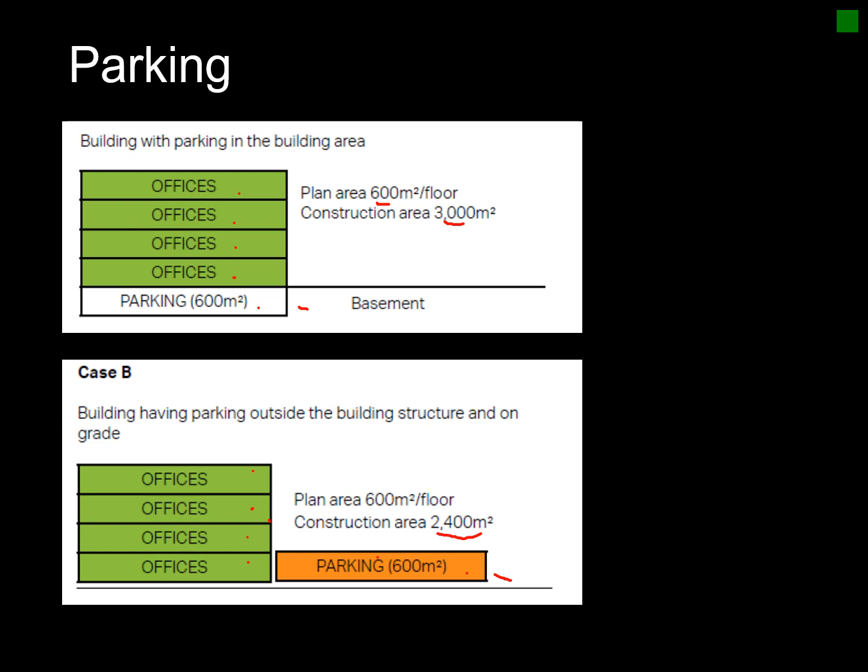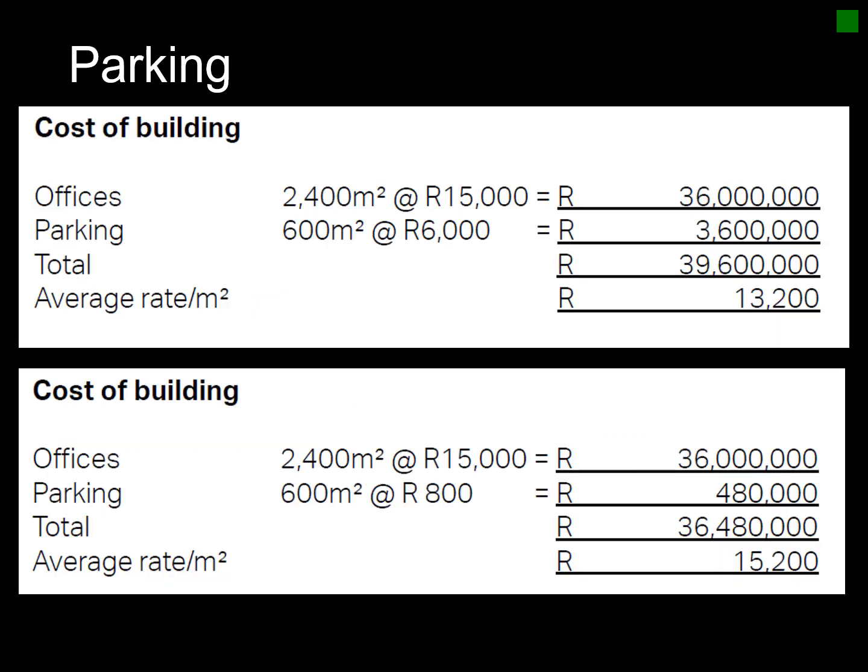Now I'm going to get into the detail just now. So then we look at two scenarios. For scenario one, or case one, you've got 2,400 square meters times a rate of 15,000 Rand per square meter. So it's 36 million for this office building.